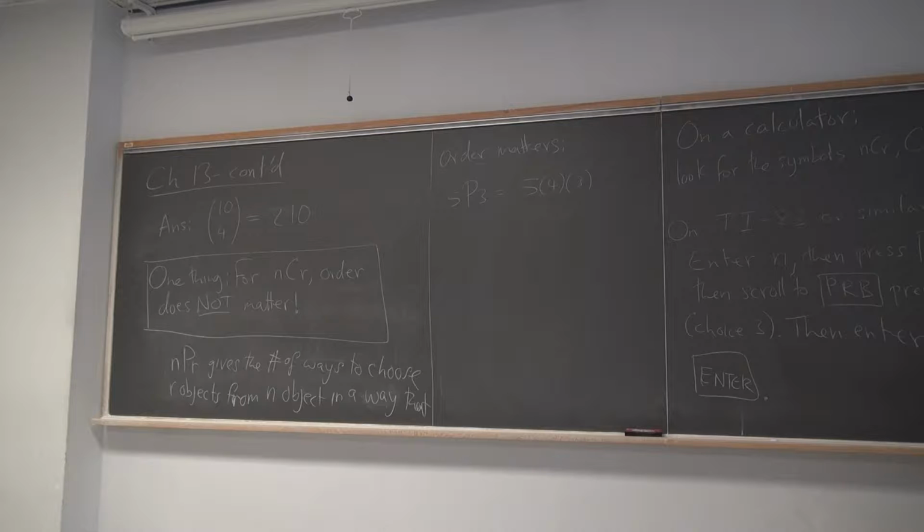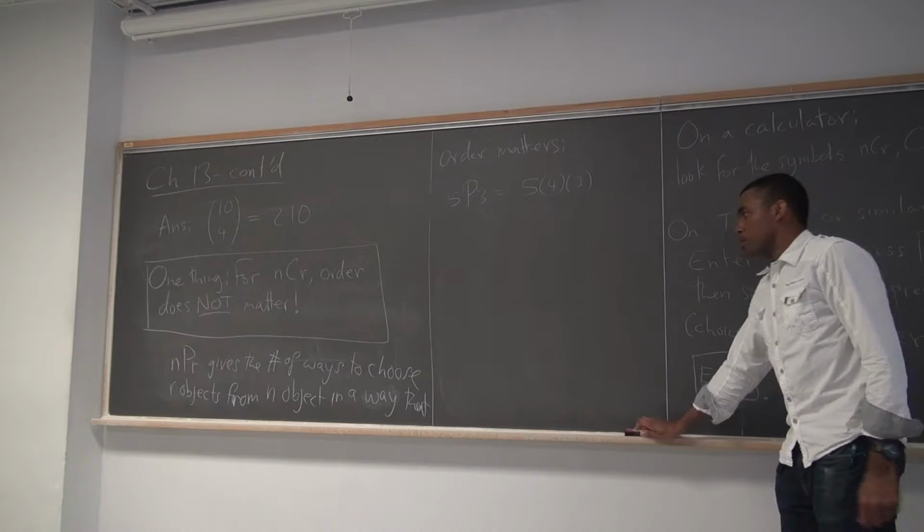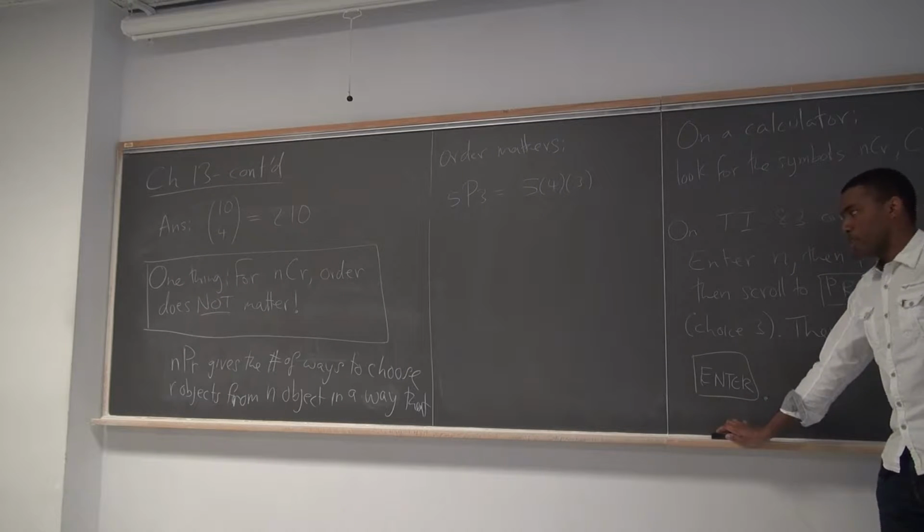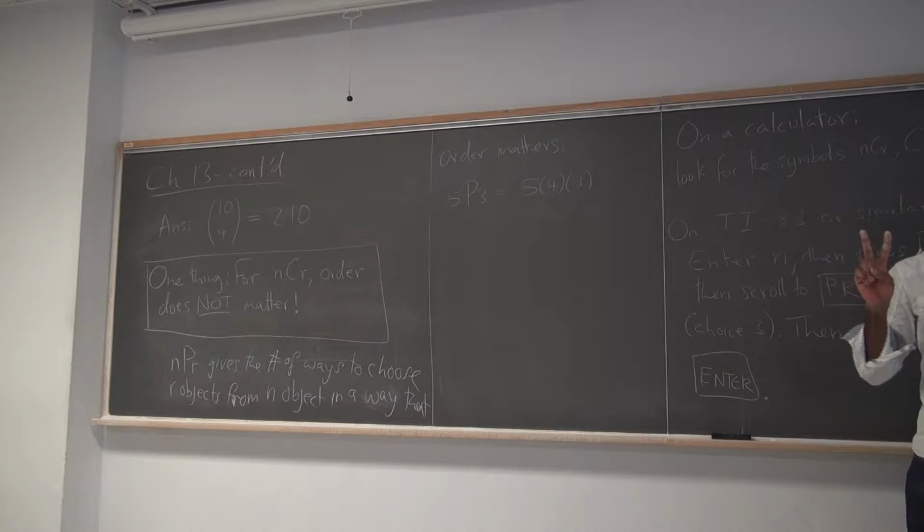There are a lot of really cool examples I could tell you about this, but you probably won't need it. Other probability courses would give you questions like, oh, you know, there's this group of 10 people who want to choose a committee of 4, but there are 2 people who are not friends and they're not speaking to each other and they refuse to serve on the same committee.